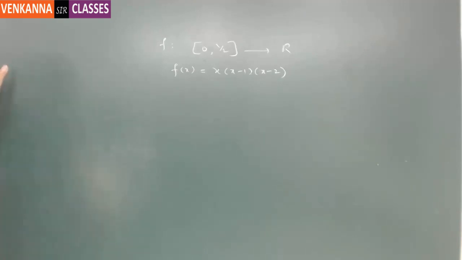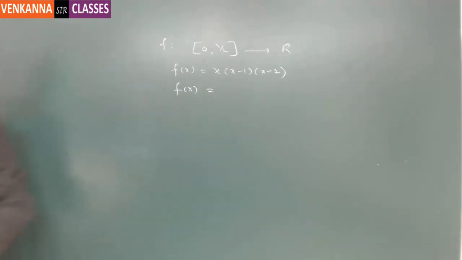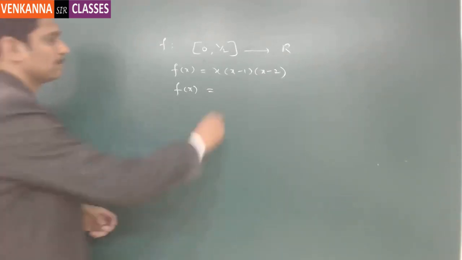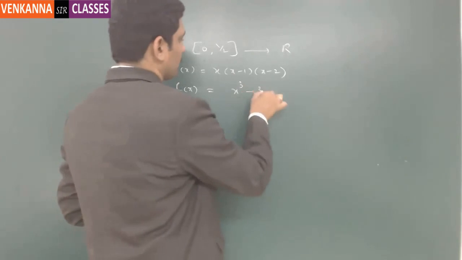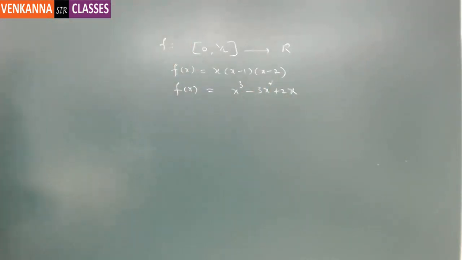So if you simplify f(x), what is the value of it? Can you multiply the product and give me the polynomial? x cubed minus 3x squared plus 2x.